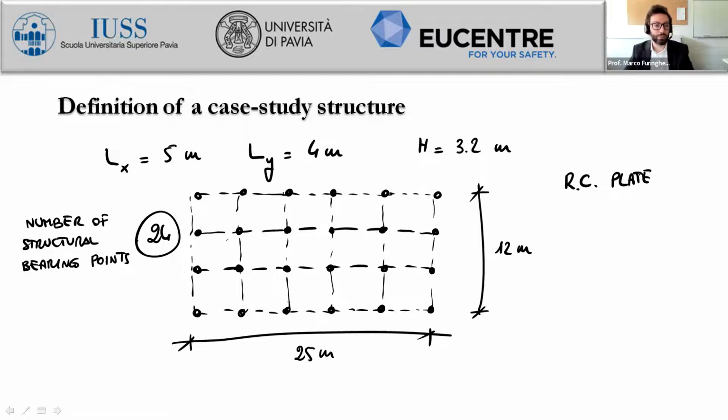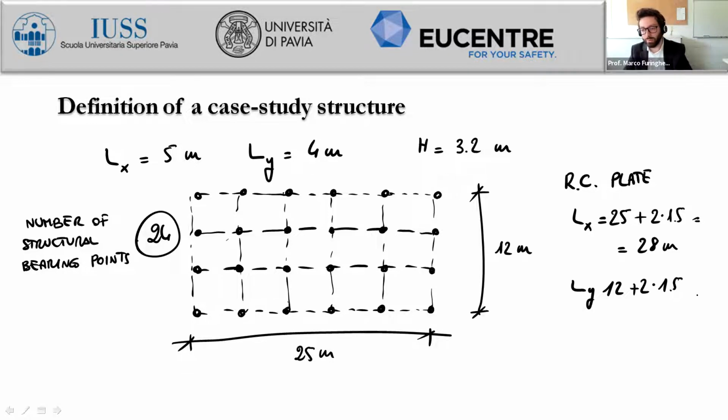So we will have to consider the reinforced concrete plate, which is the interface between the superstructure and the isolation system, of Lx, so the total size equal to 25 plus twice 1.5, which is equal to 28 meters, and Ly equal to, again, 12 plus twice 1.5, so we have 15 meters.